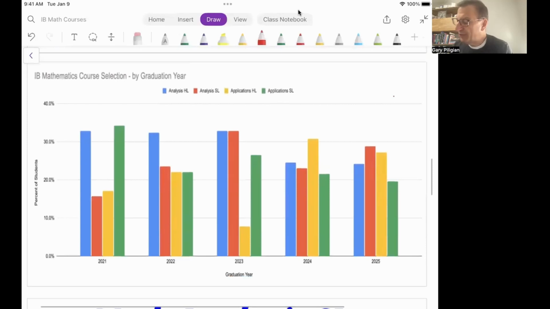This is how popular the course has been over time, and we're the red bar here. You can see that it started out as the least popular, which was kind of shocking to me.